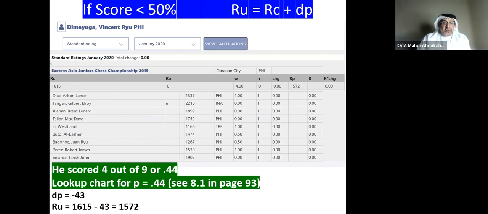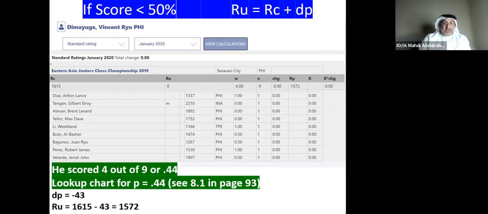Now he scored 4 out of 9. So he played with 9 players. First one won, second lost, third lost, fourth lost. With a Taipei player won, with a Philippine player draw, then won, then lost. So total points is 4 points out of 9. So this means less than 50%.